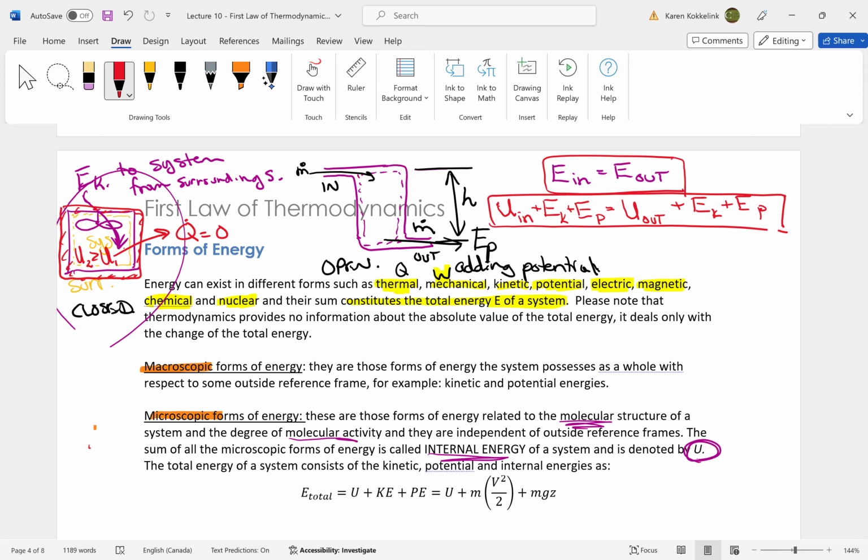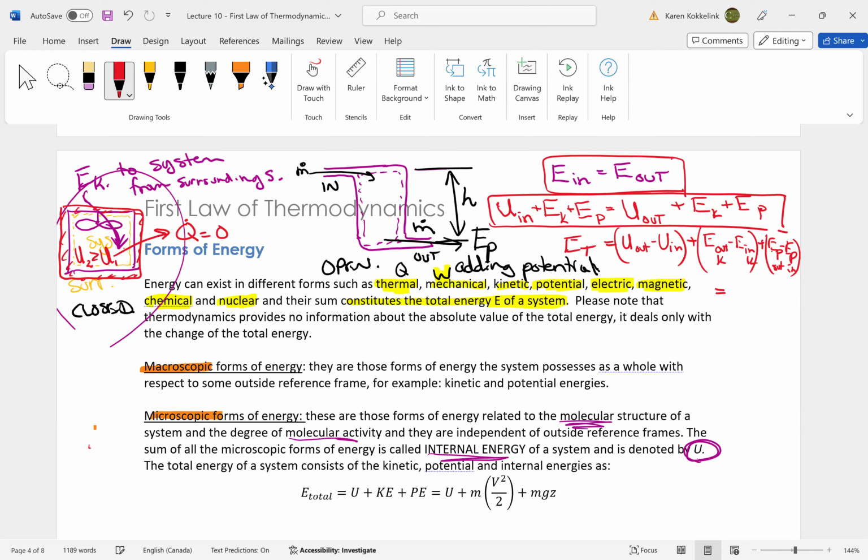This now rearranges the equation, and it says E total is going to be U out minus U in, plus kinetic out minus kinetic in, plus potential out minus potential in.